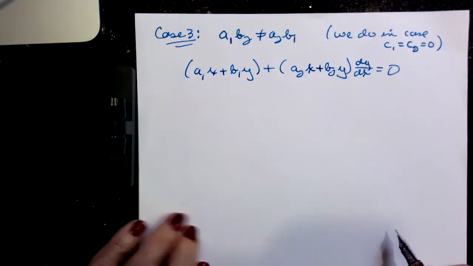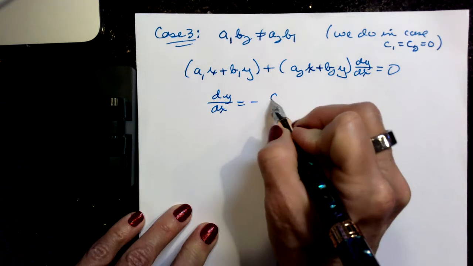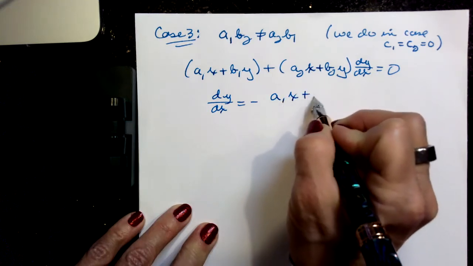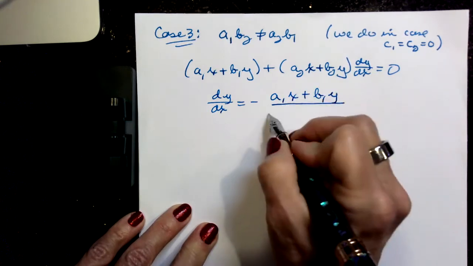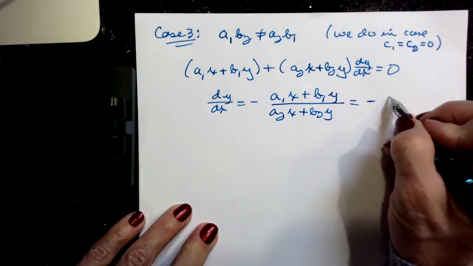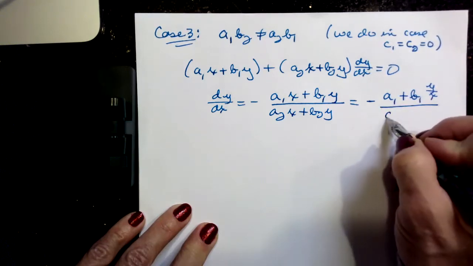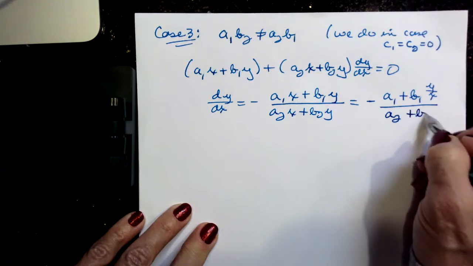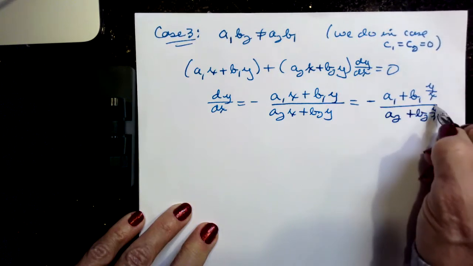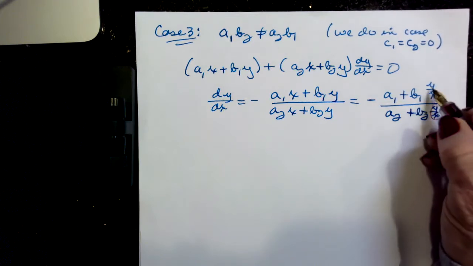As we noticed before, you can write that as dy over dx is minus (a1x plus b1y) over (a2x plus b2y), and now multiplying by 1 over x in the numerator and denominator, that is minus (a1 plus b1 y over x) over (a2 plus b2 y over x). Now you stare at that for a second, and you see that this right-hand side only depends on the ratio y over x.